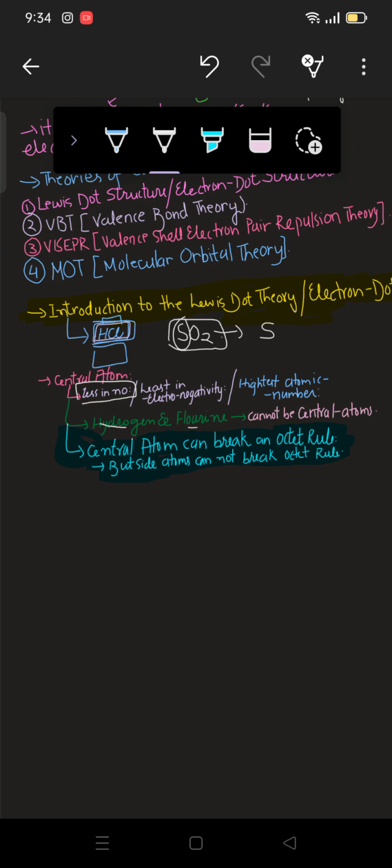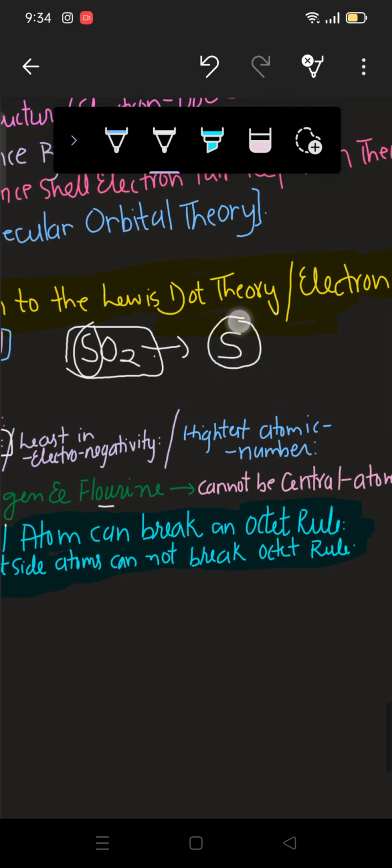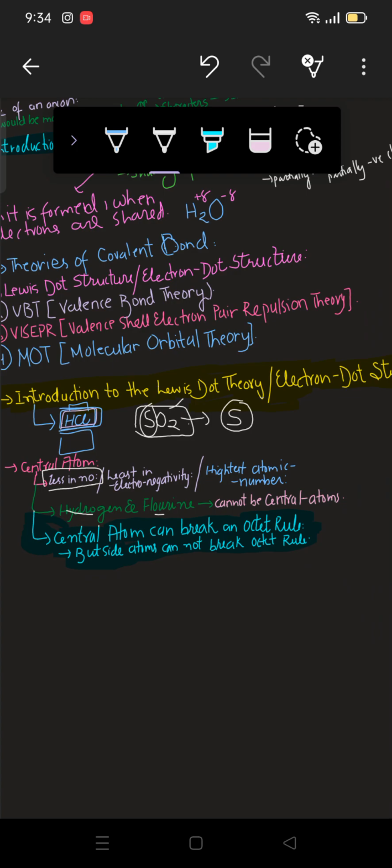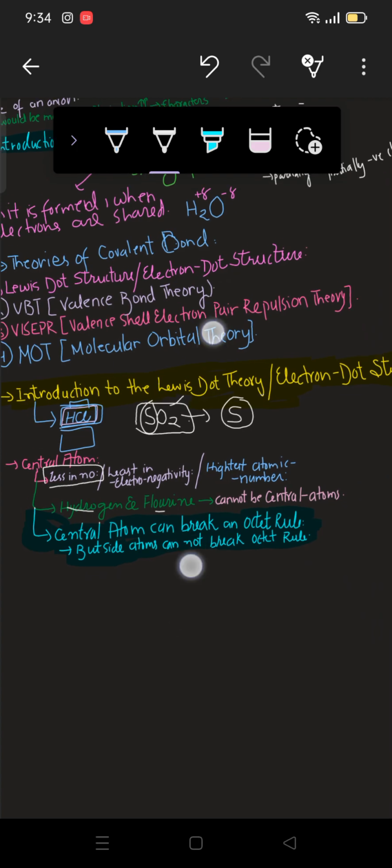But yes, you will not find hydrogen and fluorine as central atoms. Thirdly, the central atom can break its octet rule, but the atoms on the side can never break the octet rule. Here the sulfur can break the octet rule. However, oxygen will be on the side of it, and it can never break the octet rule.